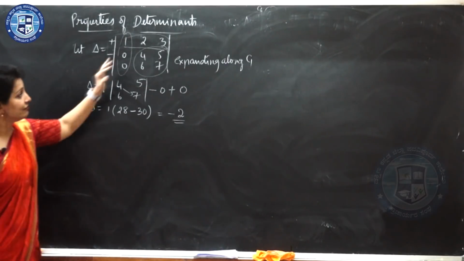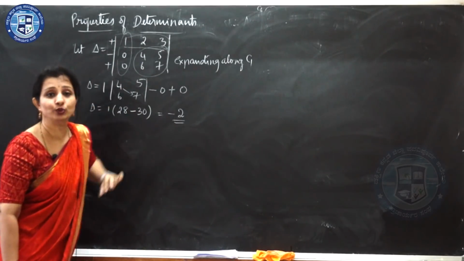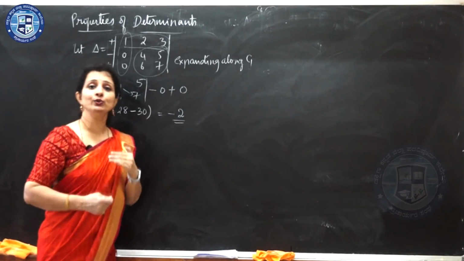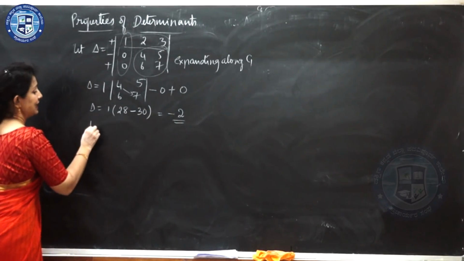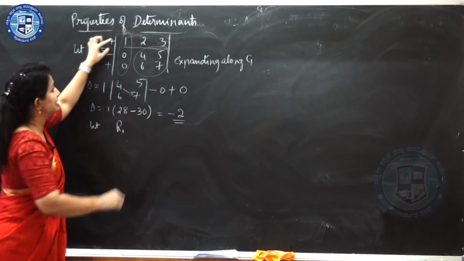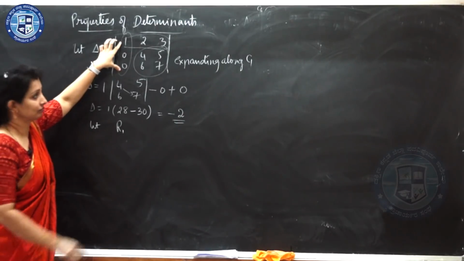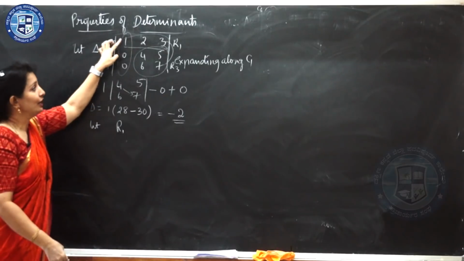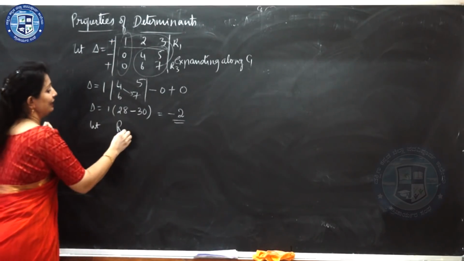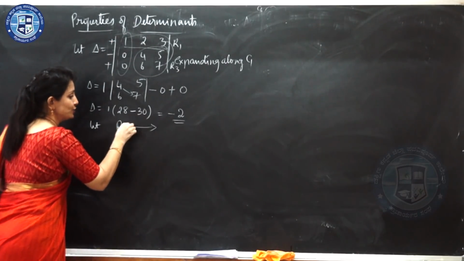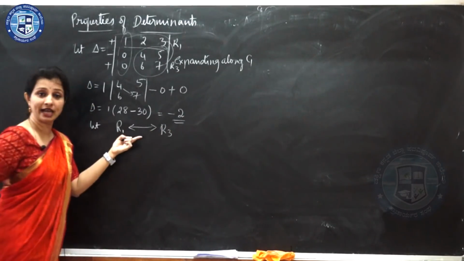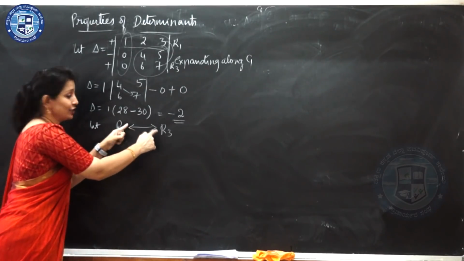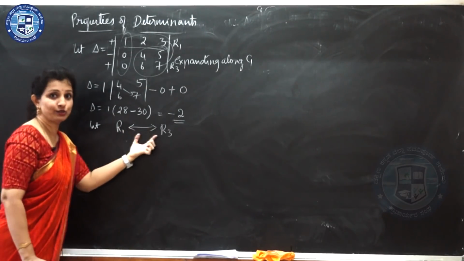Now, what if we interchange the two rows or two columns? Interchanging the two rows, let us consider R1, we interchange R1 and R3, row 1 and row 3. See how to write this, please make a note of this. R1 and R3 are interchanged, through two arrows you have to show this.